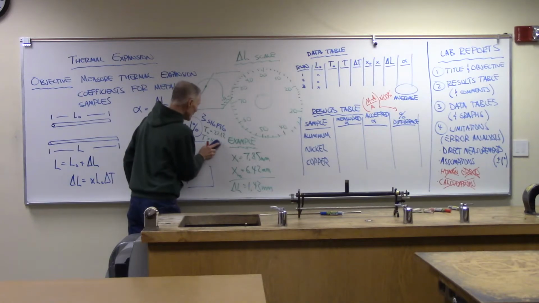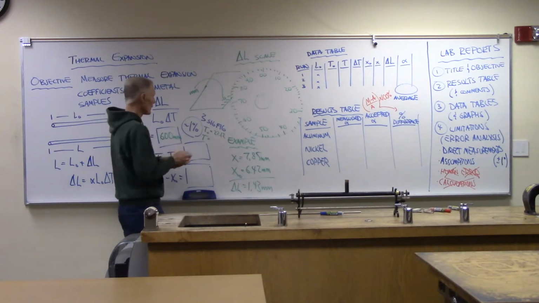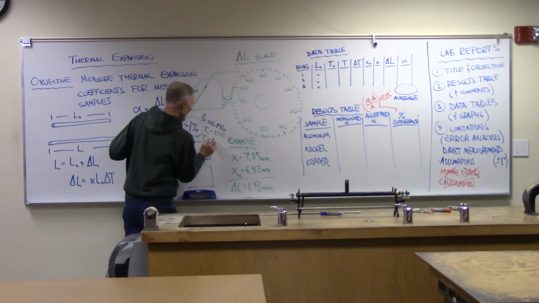What tends to happen here is that we don't actually go over 100. It's more likely that we have readings that are a little short of 100 on this lab. So I'm going to write in 97.6.